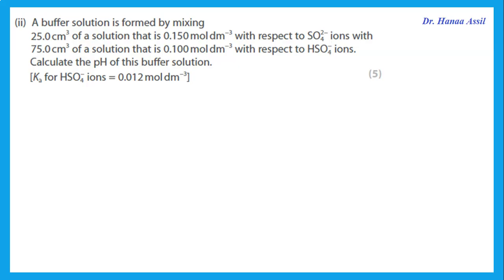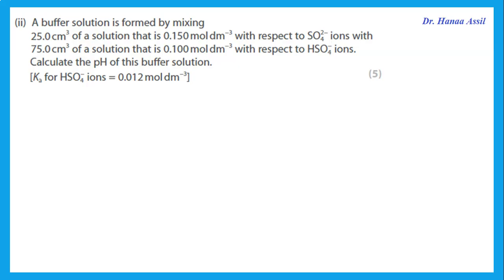A buffer solution is formed by mixing 25 centimeter cubed of a solution that is 0.15 mole per decimeter cubed with respect to sulfate ions, and this amount of solution and concentration with respect to HSO4 minus. Calculate the overall pH of this buffer solution, and we're given the Ka of HSO4 minus.